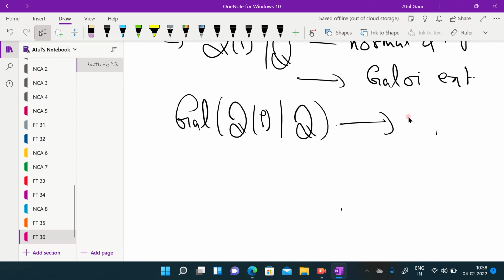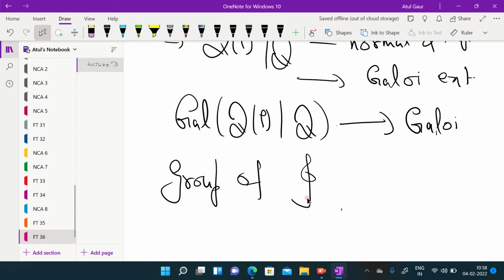We call this the Galois group of phi n x, and the other one is xn minus 1. Right? So the point is both the polynomials have the same Galois group.